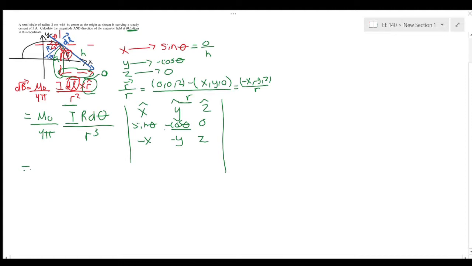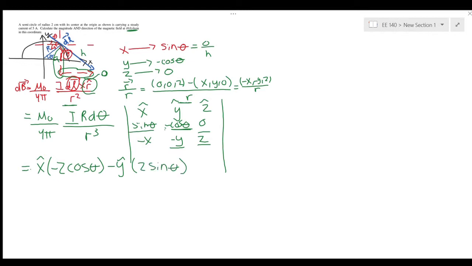Okay, solving the matrix, we get x hat negative z cosine theta, because it's negative cosine theta times z, and then we have negative y times 0, that's just 0. And then negative y hat z sine theta times z, and then negative x times 0, 0.